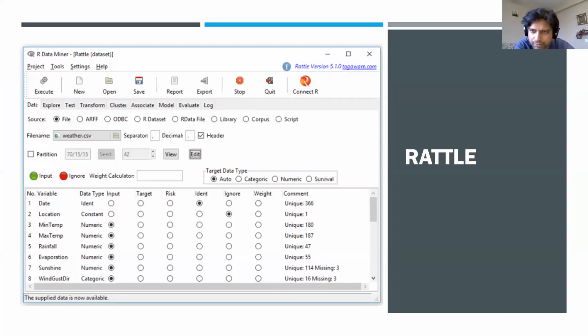This means you have to install R, you have to install RStudio, and then you have to install one package called Rattle. In Rattle, you can upload your data, and you can see here some weather data, like location, minimum temperature, maximum temperature.